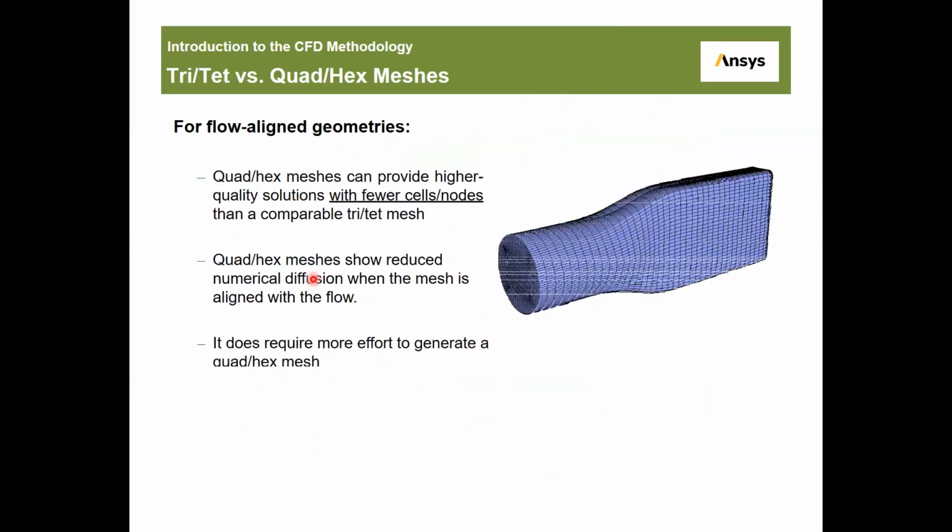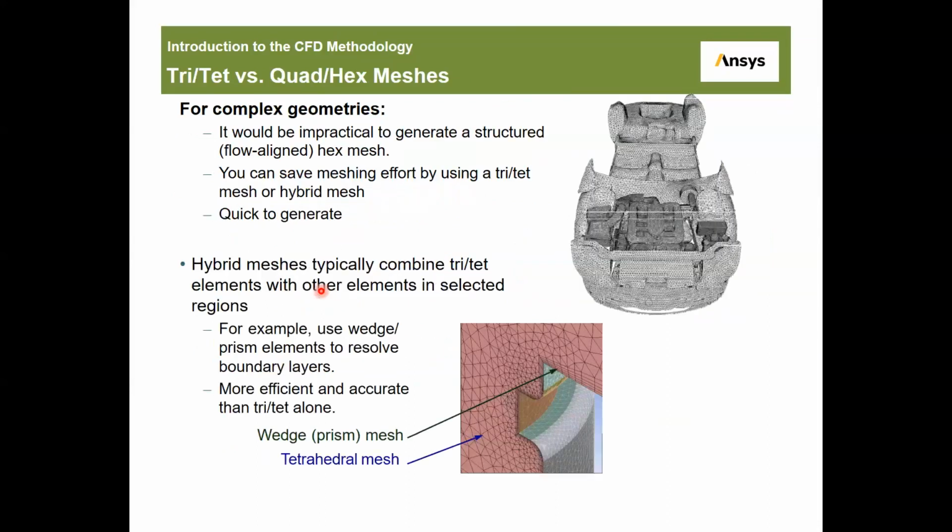Quad mesh shows reduced numerical diffusion when the mesh is aligned with the flow. If the flow is aligned with the mesh, there is less diffusion. However, it does require more effort to generate quad or hex mesh. So for complex geometry, like a car body, car chassis, susah lah kita nak buat hexa.